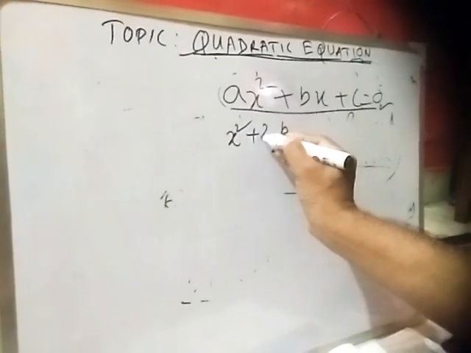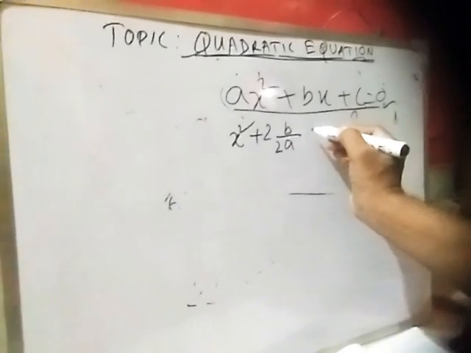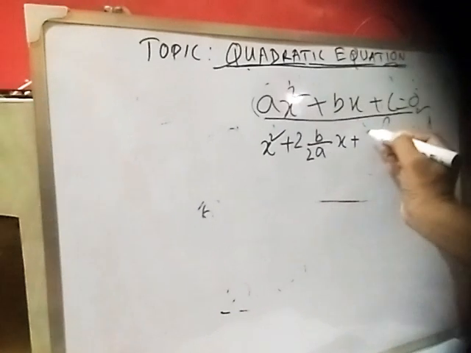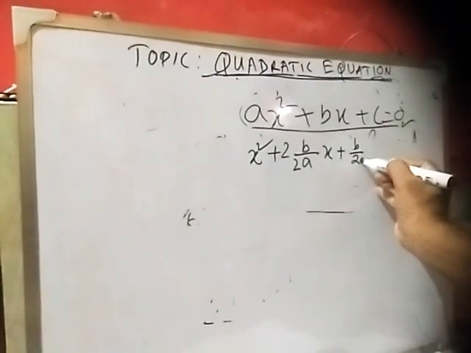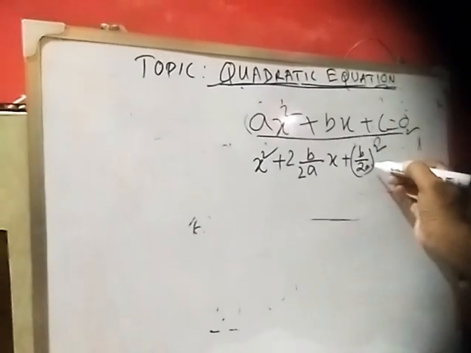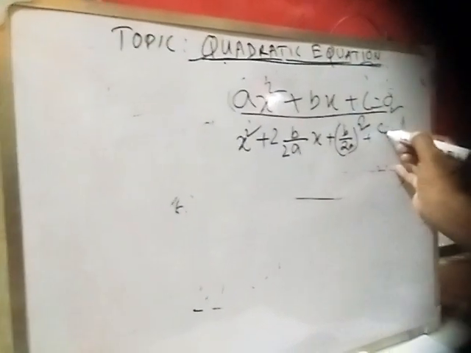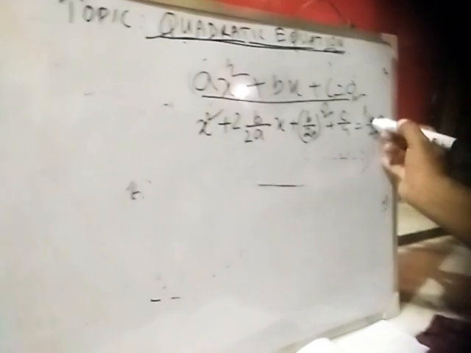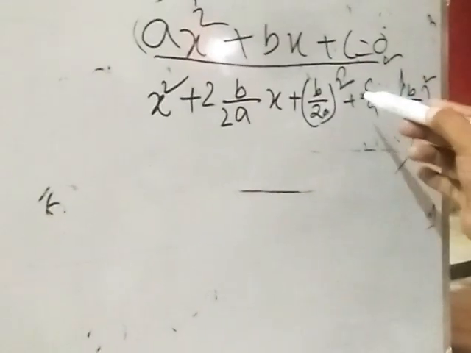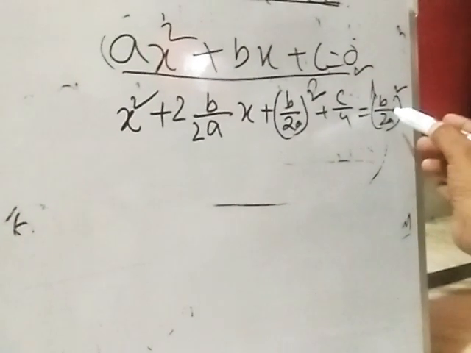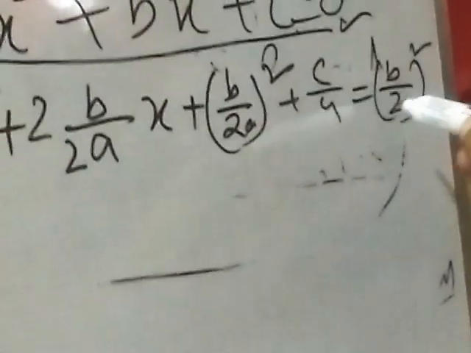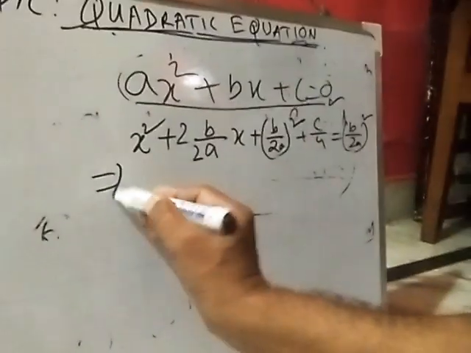We have to arrange it this way. Then x square plus b by a x plus b by 2a whole square. This is the additional part we are writing, plus c by a equal to b by 2a whole square. So what we are doing? Adding b by 2a square to both sides. Okay, very good. This is the formula.